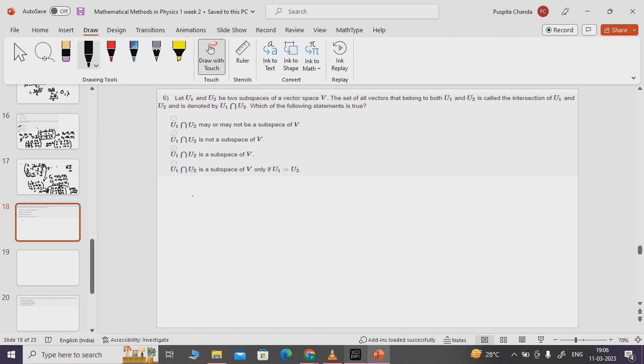That is it. The set of all vectors that belong to both U1 and U2 is called the intersection of U1 and U2. Which of the following statements is true?